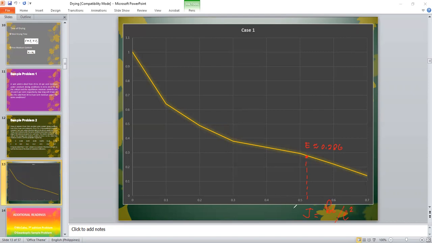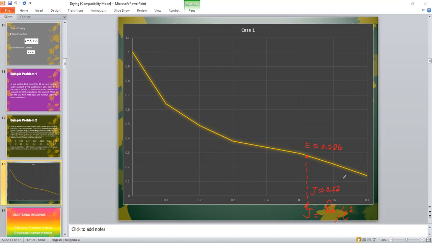So from this graph, more or less, you can say that if this is 0.6, this is 0.55, this is 0.25, probably this is 0.52. So I can say that this J here is more or less 0.52.